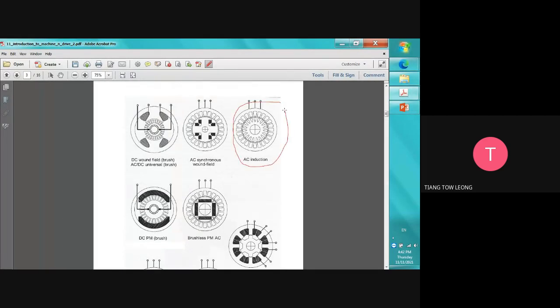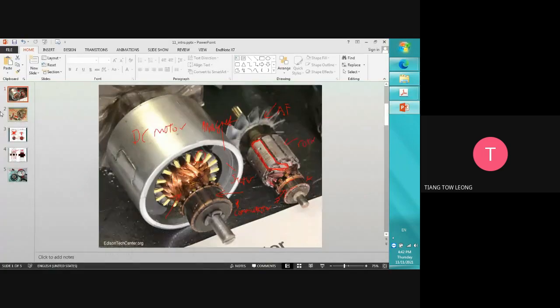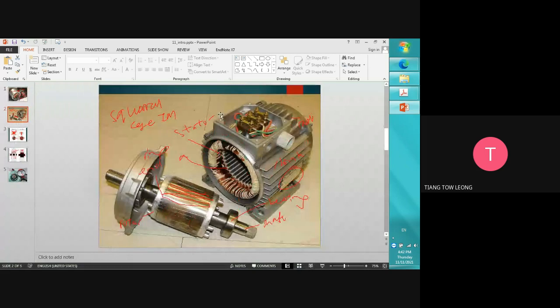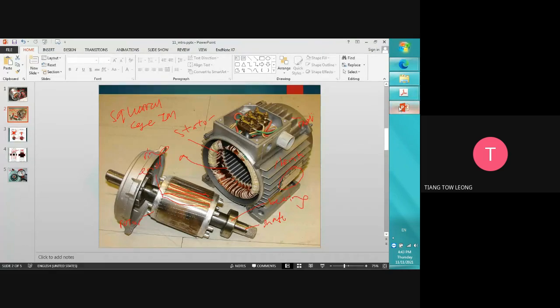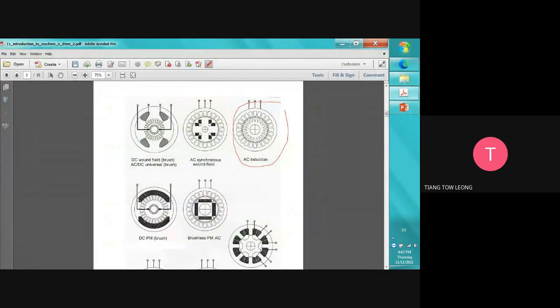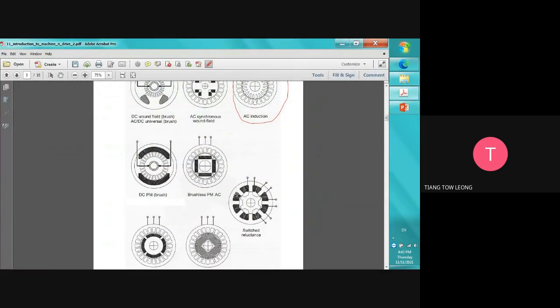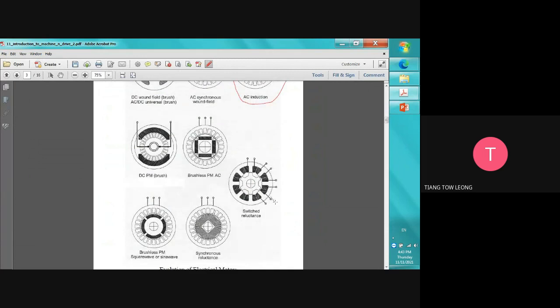I'm not sure whether you can see or not, but when we chop this one here, then we will have the stator. Then we chop here, then we will see the center. Same as well for the other one. This is a switched reluctance motor that Dyson uses. And then we will focus here. This is our topic.